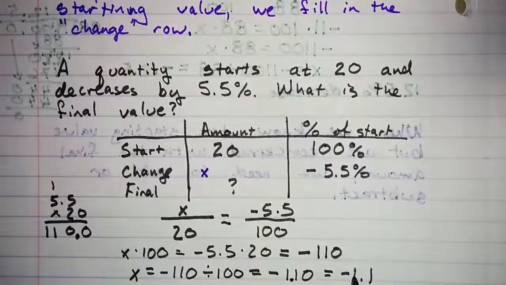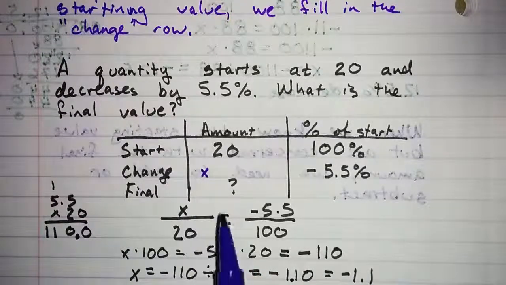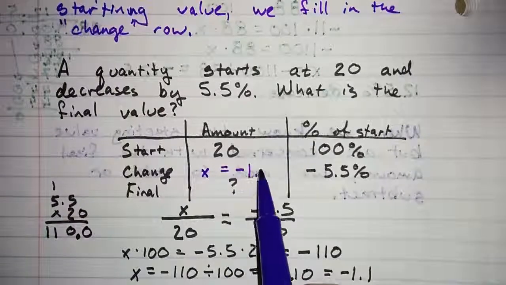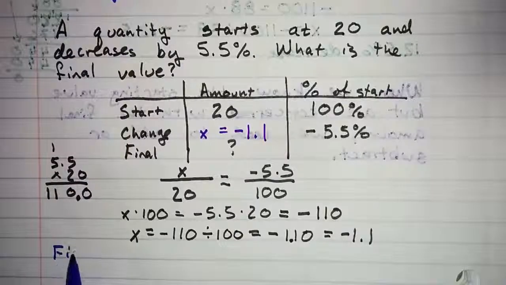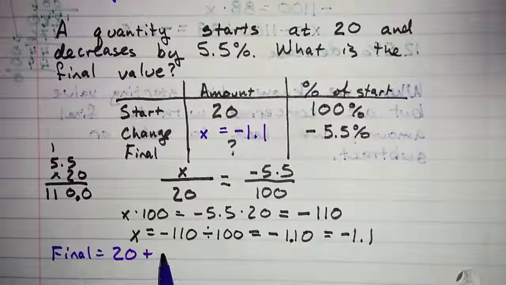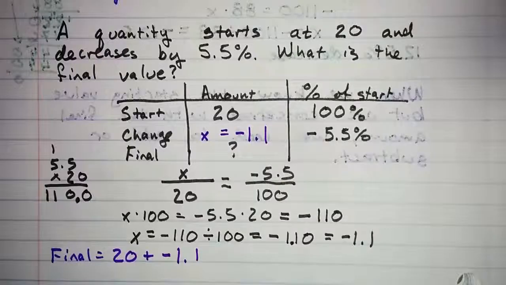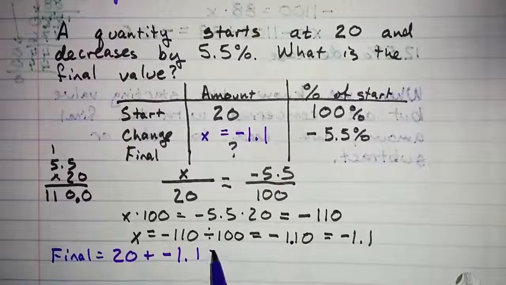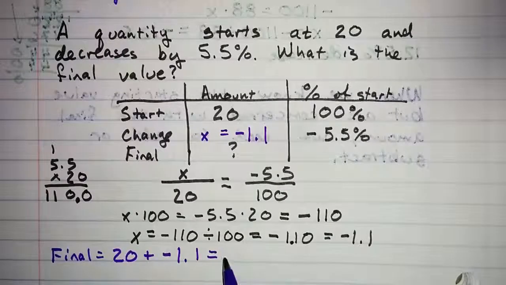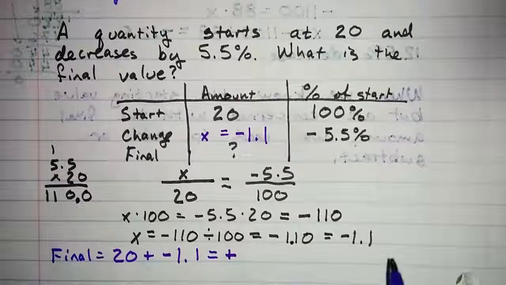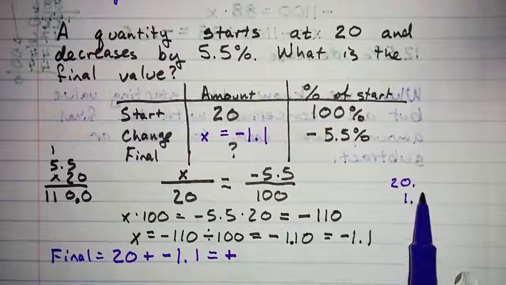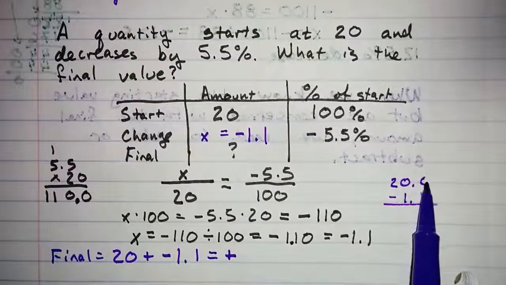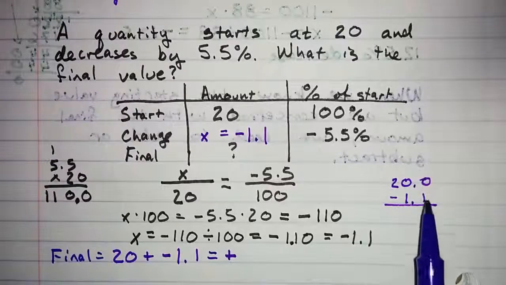Is this the answer to my question? Oh no, that's the value of x, right? My final value is going to be my starting value plus my change. All right, opposite signs. So 20 is bigger, so the answer is going to be positive. But opposite signs, so I want to subtract. 20.0 minus 1.1, fill in a 0 here.